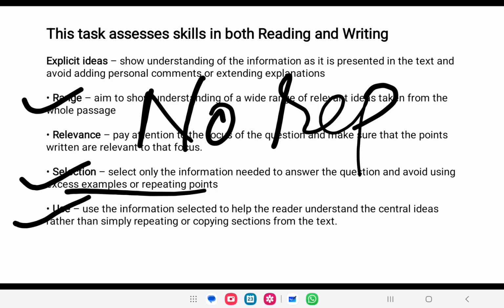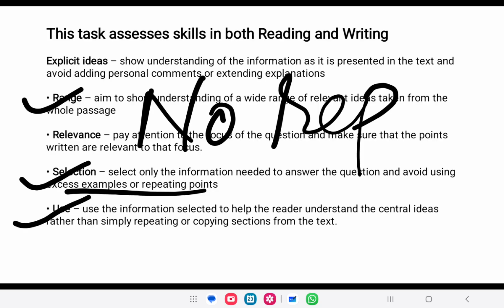You ask your friend, okay, what did the teacher teach? So he is going to explain the ideas in such a way that you do not miss any important points.